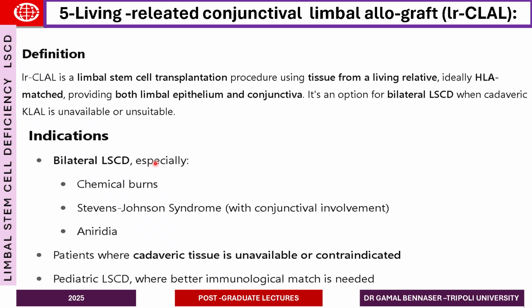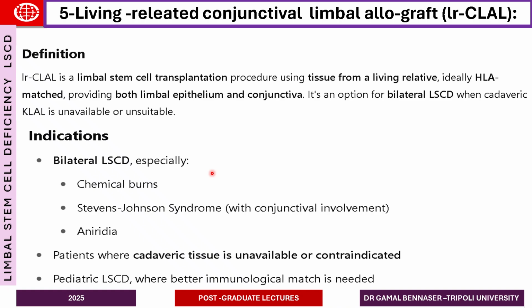Here, due to the absence of the cadaveric cornea, we take the conjunctival epithelium along with the limbal epithelium from a closely related person, so that we have a high HLA match and minimize the risk of rejection. So it is indicated in the presence of bilateral severe disease and in the absence of a cadaveric source.